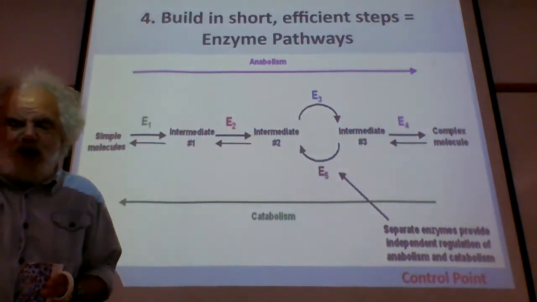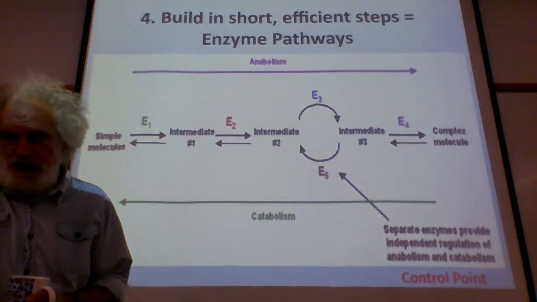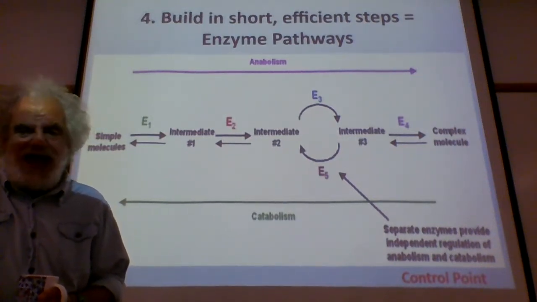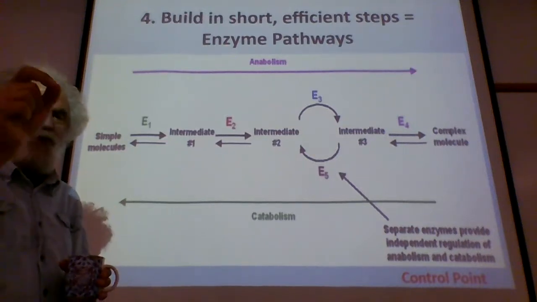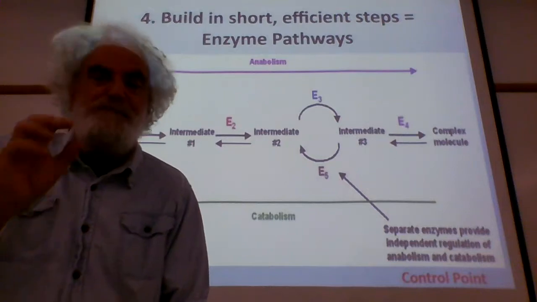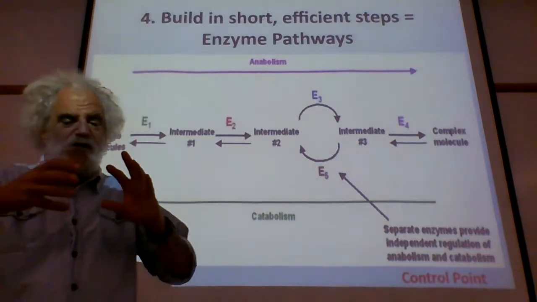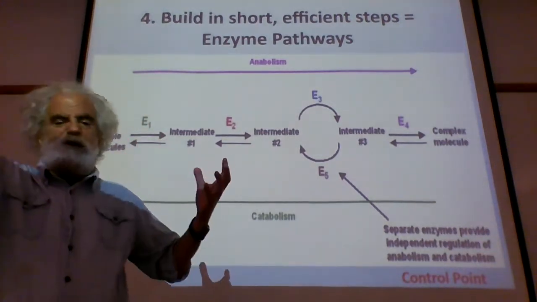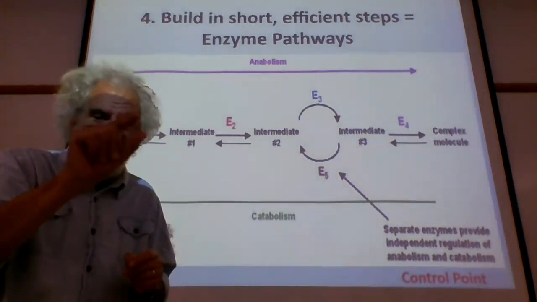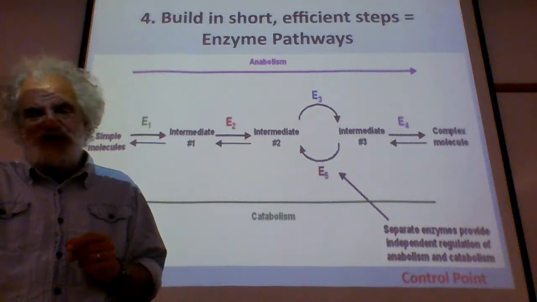So another part of the enzymatic idea is you want to have little stepwise changes in a molecule, because it doesn't take a whole lot of energy to make that small change. So you're not going to take a molecule and completely rearrange it in one throw. One enzyme can't do that. It can do simple individual changes.